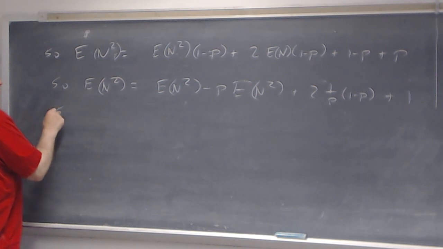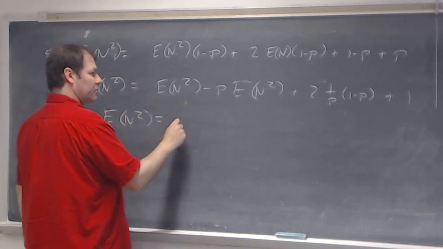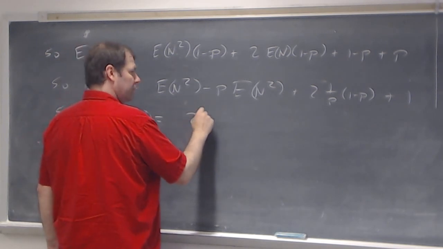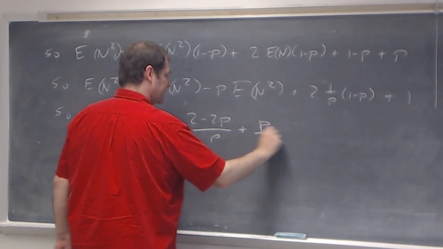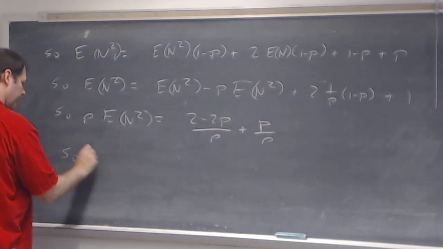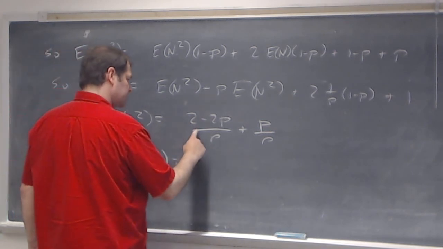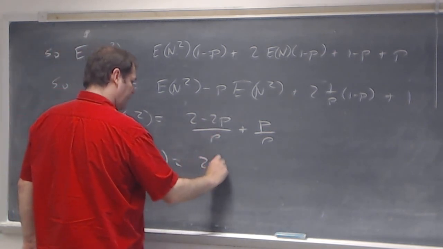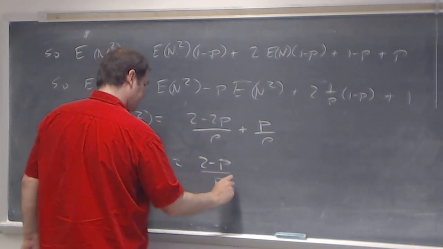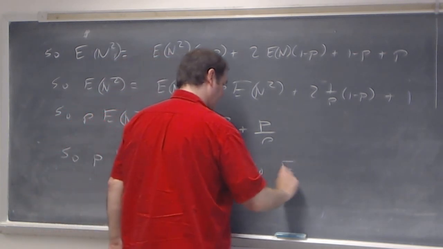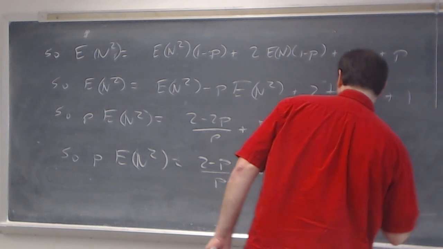When we add this, we have p times the expected value of N squared is equal to 2 minus 2p over p plus 1, which is the same thing as p over p. So p times the expected value of N squared is equal to 2 minus p over p. So the expected value of N squared is 2 minus p over p squared.